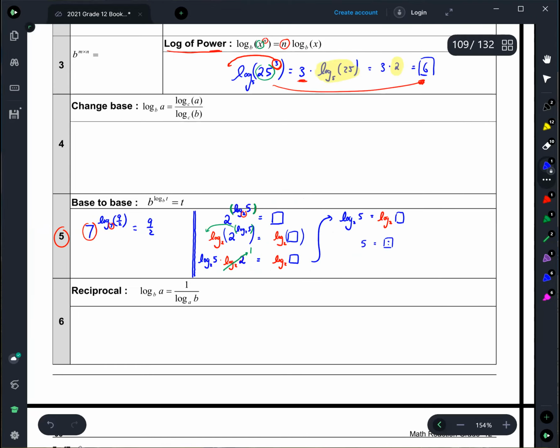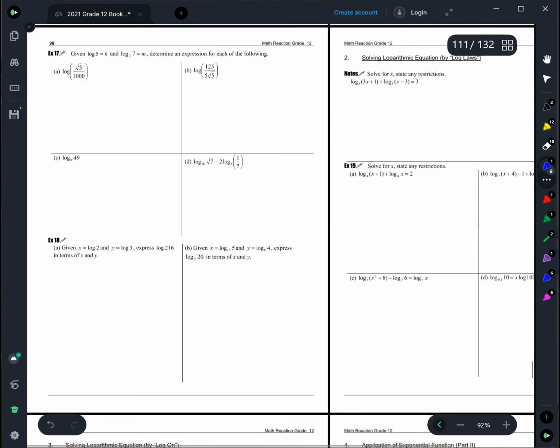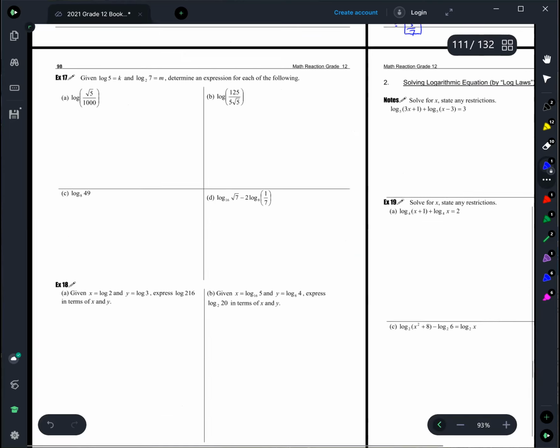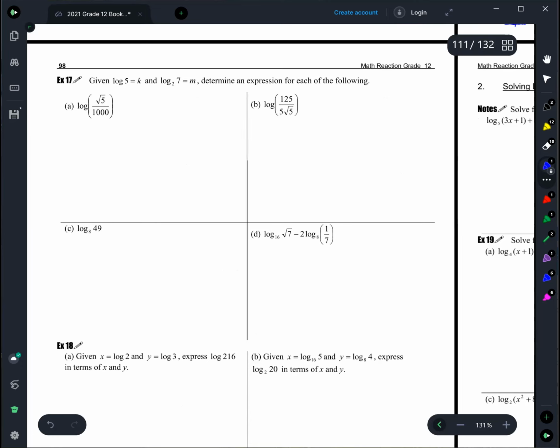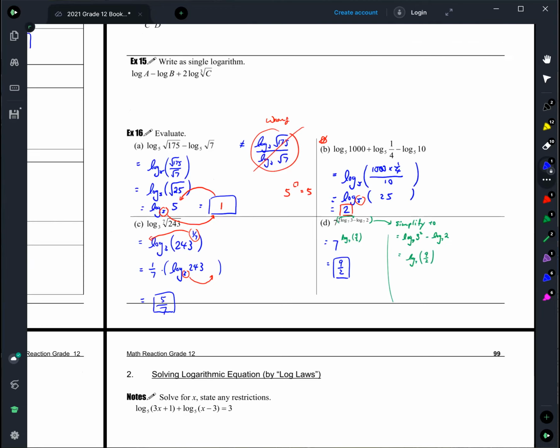All right, so we're going to move on to something else. Next part. Another kind of question they will ask you to use the log law. Over here, it asks you to evaluate, so your final answer has no log.